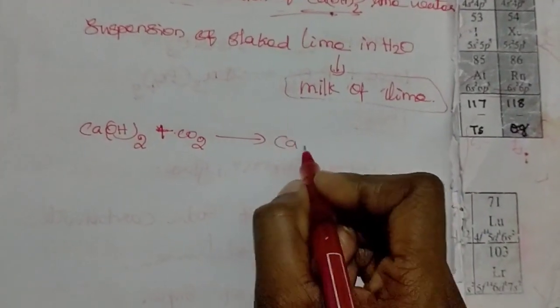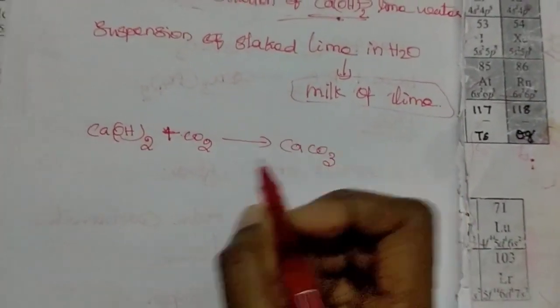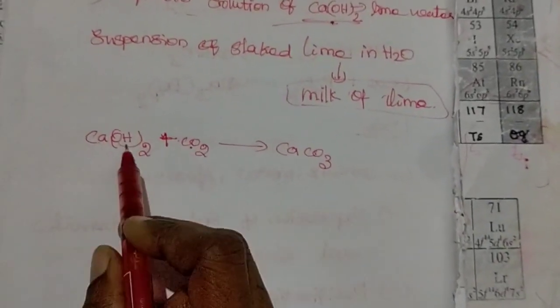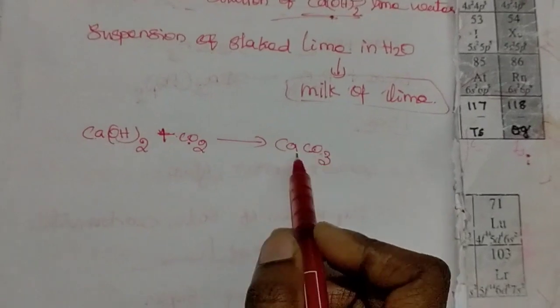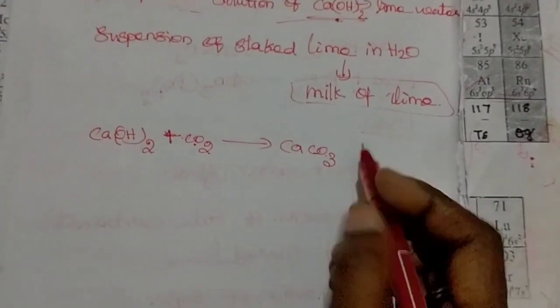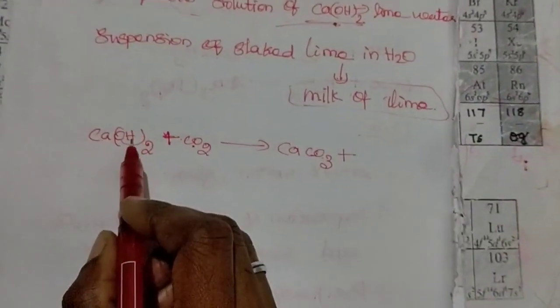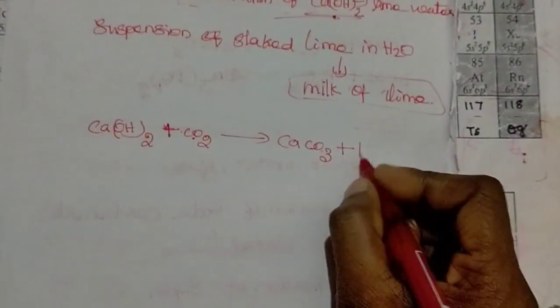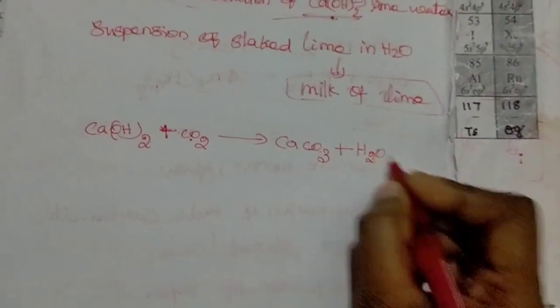That means calcium carbonate is formed. Calcium combines with CO2 and one O, so this becomes CaCO3, and the remaining H2 and one O form H2O.